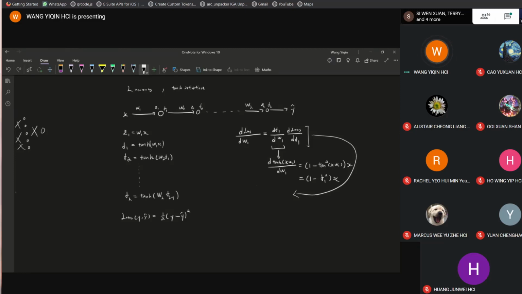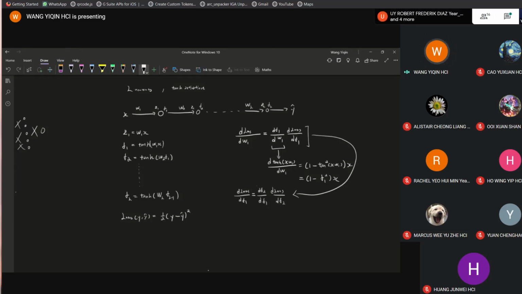So let's bring it down here. We can actually chain this together in relationship to f2. So d loss df1 is actually equal to df2 df1, the derivative of the second function with respect to the first function, multiplied by d loss df2.